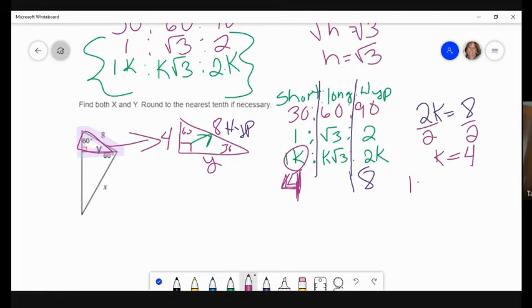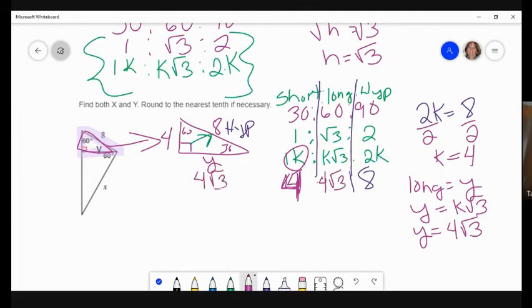So our long side, which happens to be y, is equal to k square root 3. Well, we now know that k is 4. So 4 square root 3. And that goes here, 4 square root 3. And again, that's this side here, 4 square root 3.